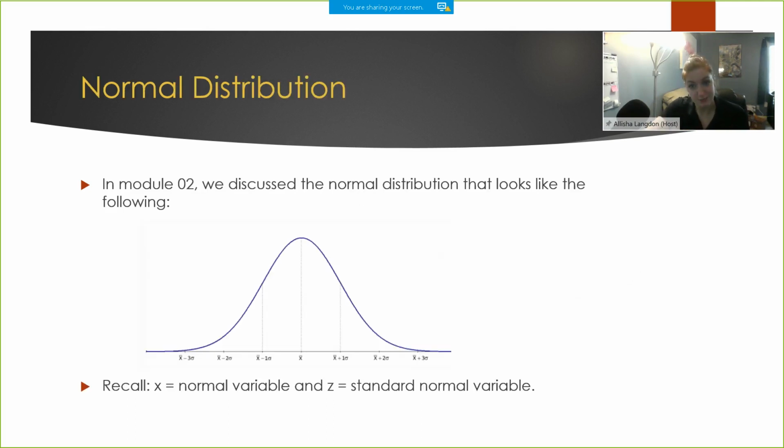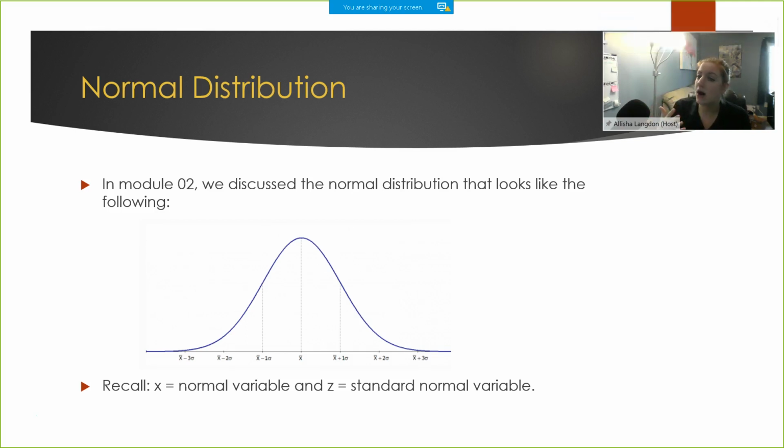A lot more detail. So in Module 2, we discussed the normal distribution. This should look familiar to everybody. Your mean was in the middle, and your standard deviation was how many steps away you were going from the mean. When we use that variable x, we were talking about the normal distribution, where your mean could be any number, and your standard deviation could be any number.